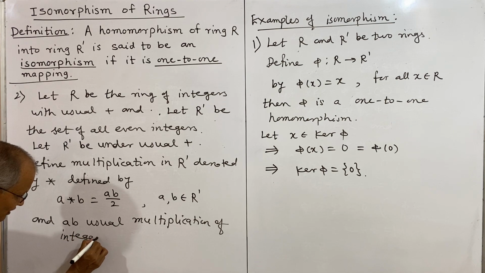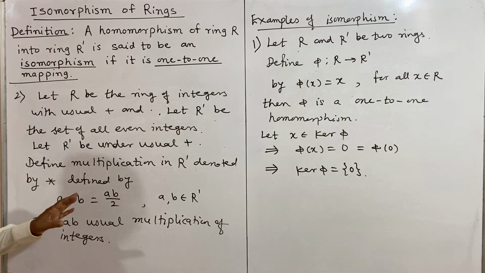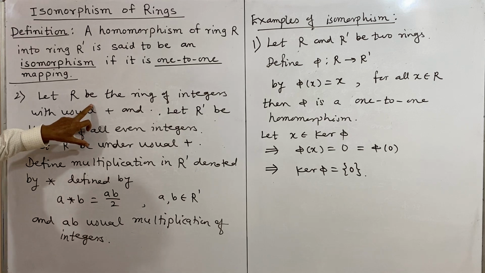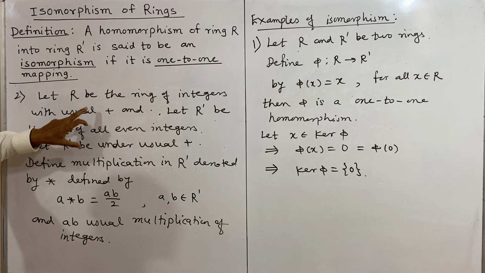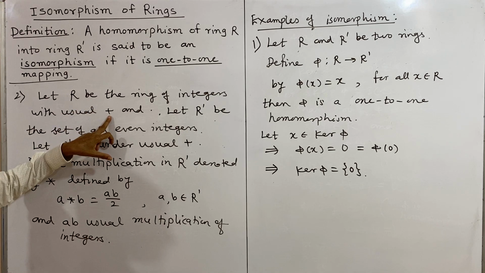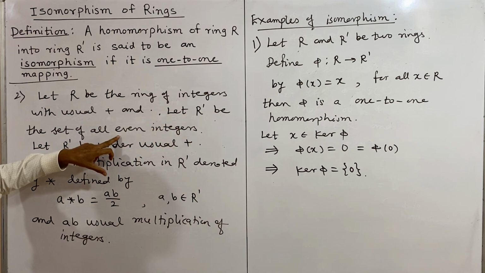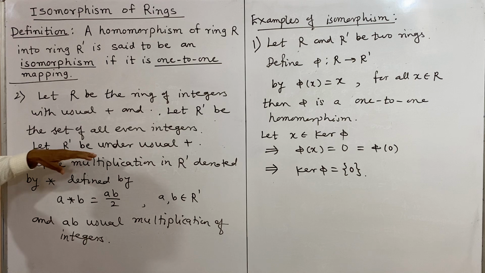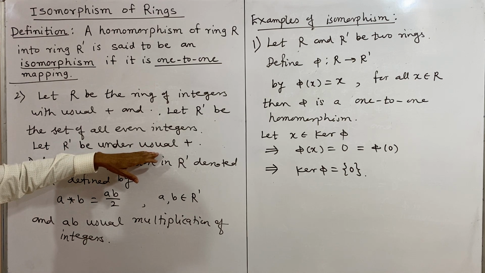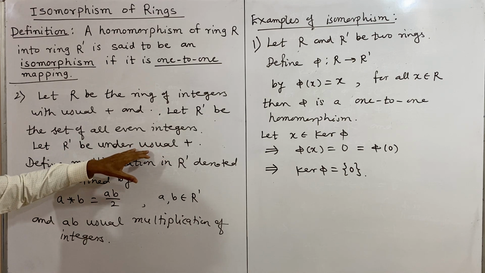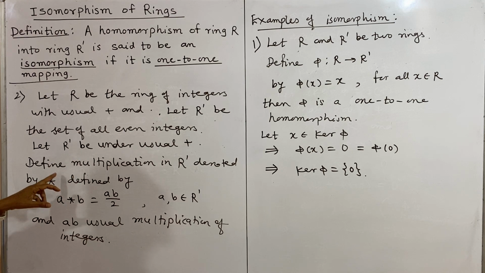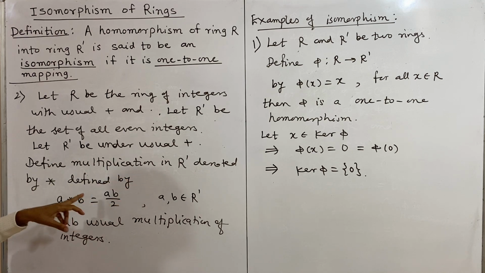Now see, this is the only difference. R is the ring of integers with usual addition and multiplication. R dash is the set of all even integers, under usual addition. Addition in R dash is usual, and multiplication in R dash is different.